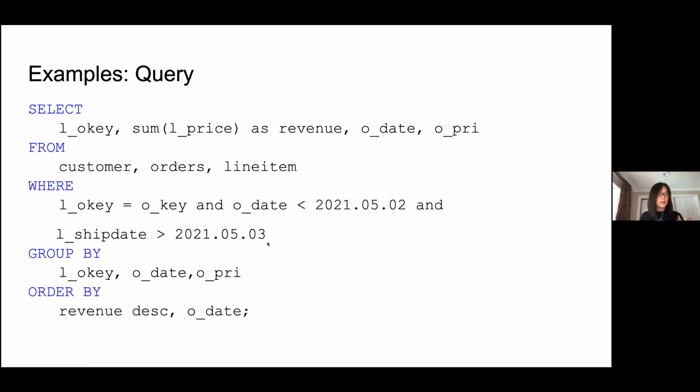If I'm the person who runs this company, I want to see the orders with a high priority where the ship date is not the same day or even the day after. I want to see that to see if I can improve it.